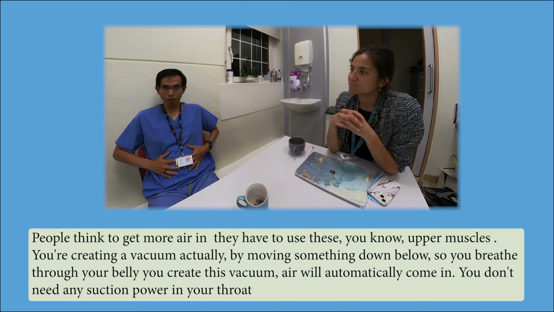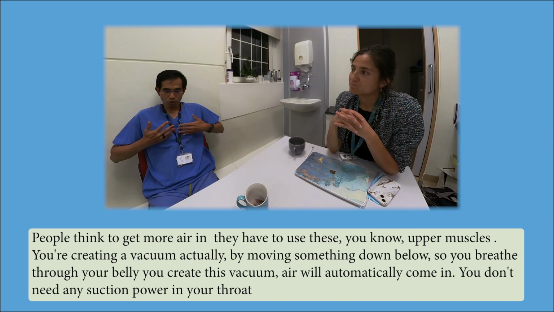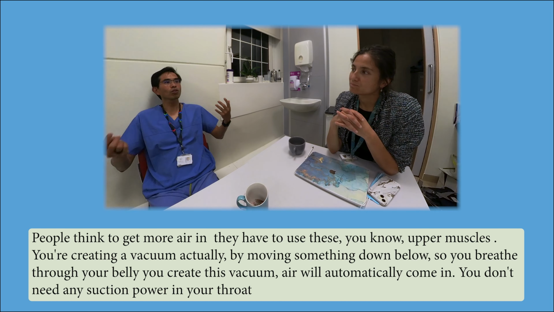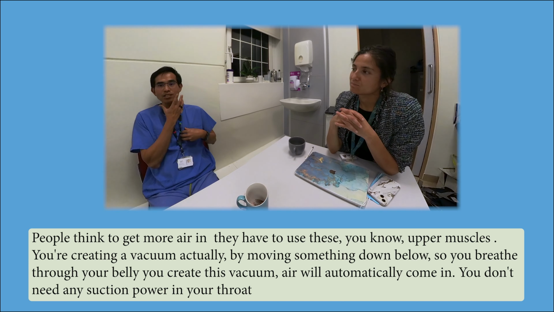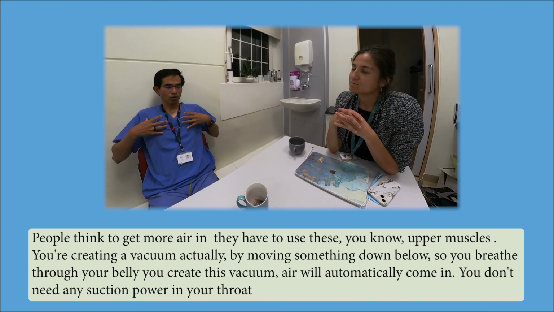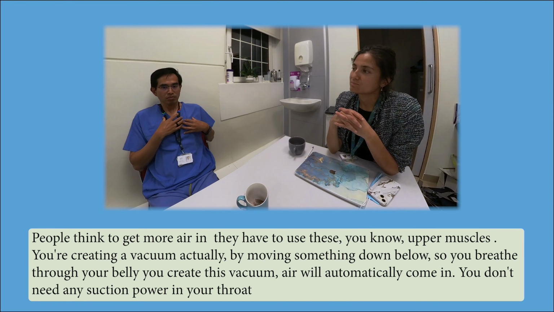So you breathe through your belly, and some yoga instructors would say use your belly breath technique. And so when you create this vacuum, air will automatically come in. You don't need any suction power in your throat, your nose, or your chest. And when I just did that, see what happens? My chest starts to move. It's a very unnatural breath pattern.